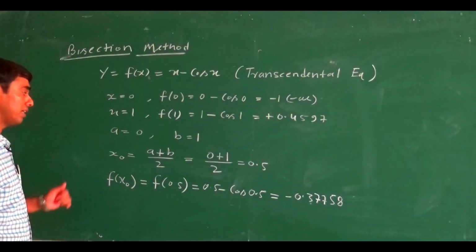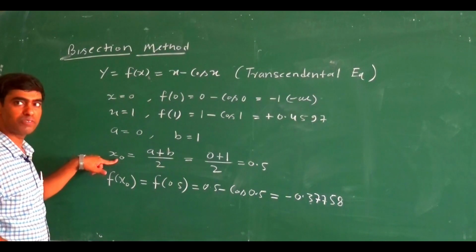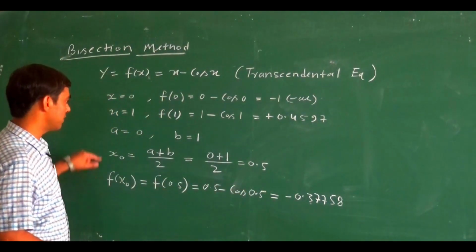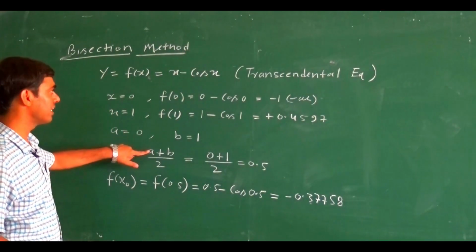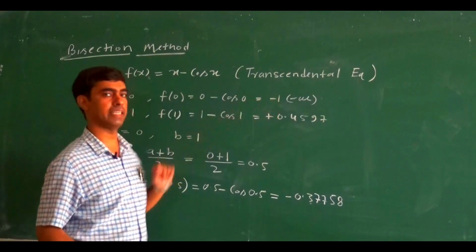So what will happen in the next iteration? At x0 the value of the function is negative, and at a in the previous iteration the value of the function is also negative.